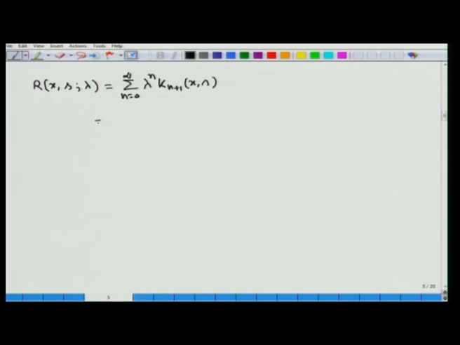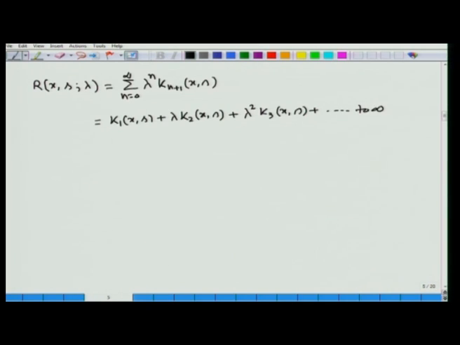That is actually equal to k1(x,s) plus lambda k2(x,s) plus lambda square k3(x,s) plus dot dot up to infinity.